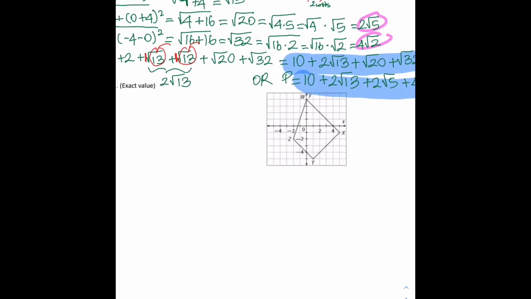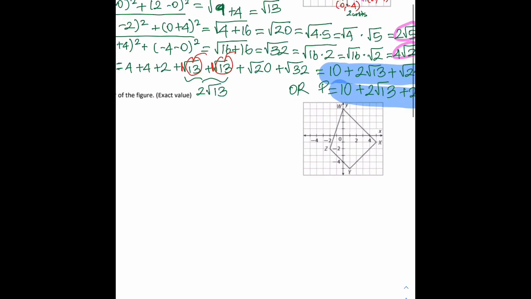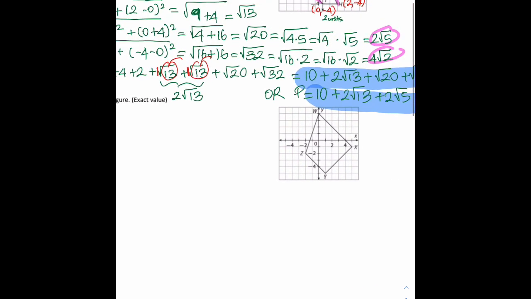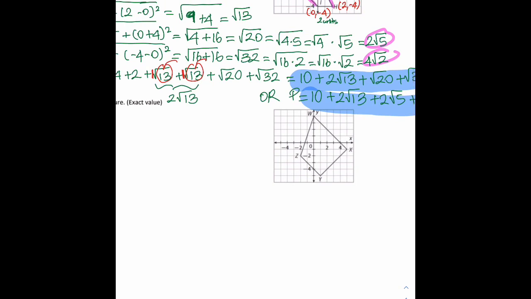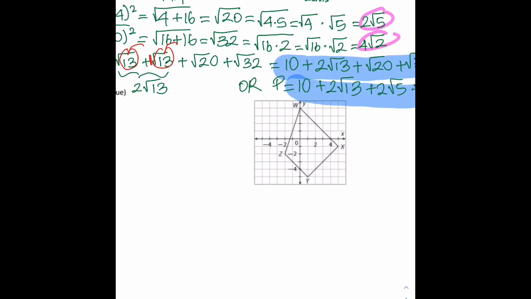Okay, now let's look at question number 2. We're going to do the same thing with question number 2. We are going to label the vertices first, and we're going to find the perimeter of this figure. So our vertices for this shape are W, Z, Y, and X, and I'm going to write the coordinates of each one of them.